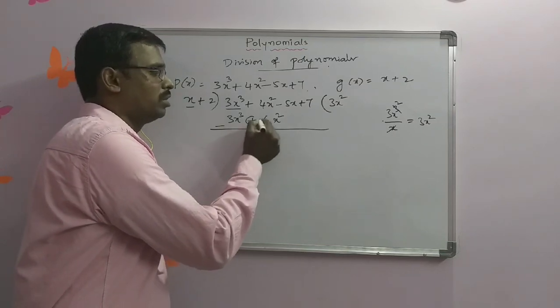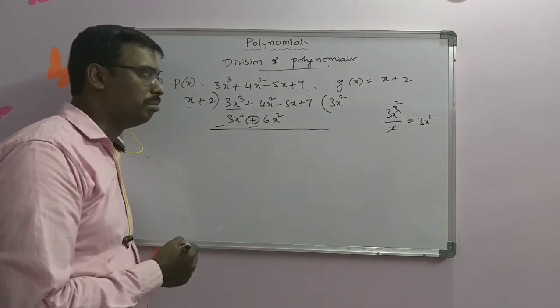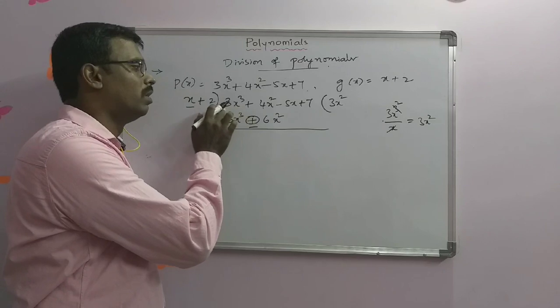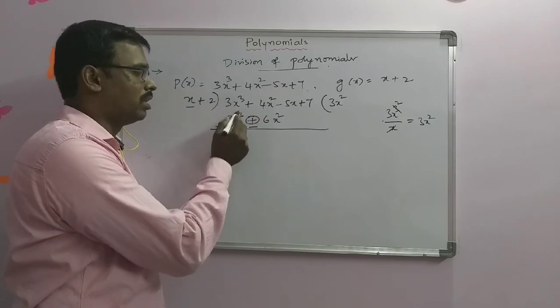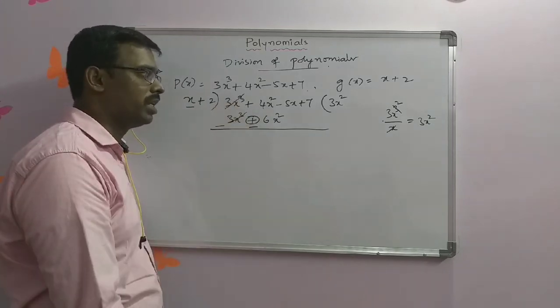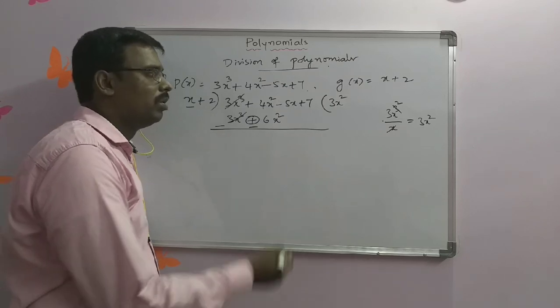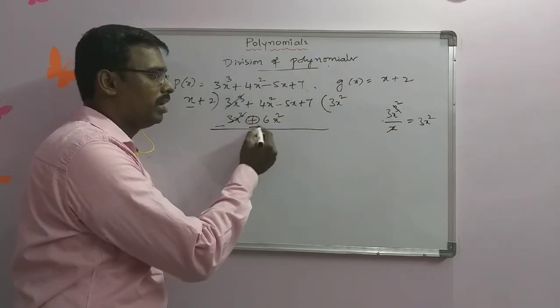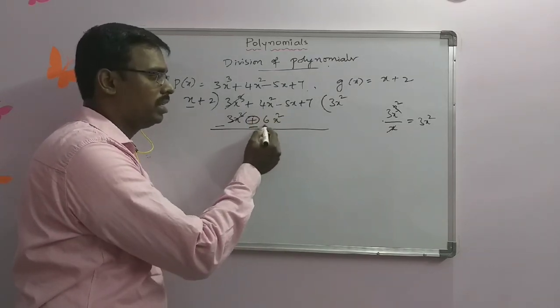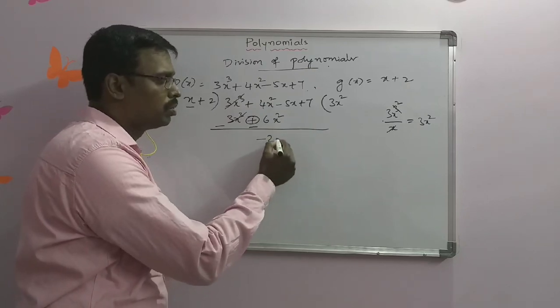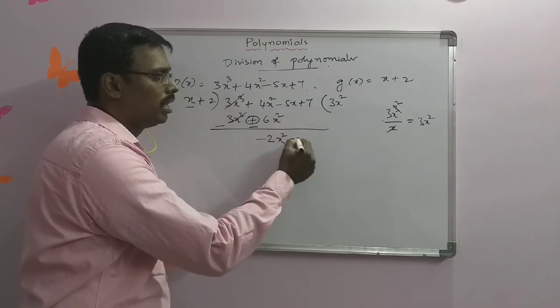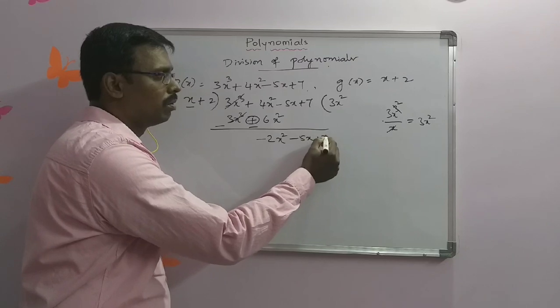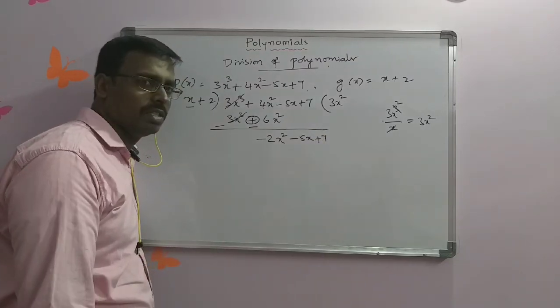For subtraction of algebraic expressions, I have to change the signs. Now you will observe 3x cube minus 3x cube, always this first term gets cancelled. Now 4x square minus 6x square, 4 minus 6, is minus 2x square. The other terms you bring down as they are: minus 5x plus 7.